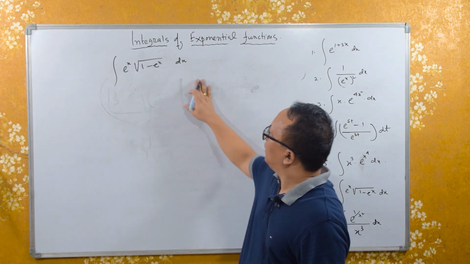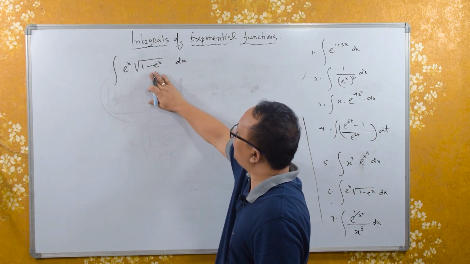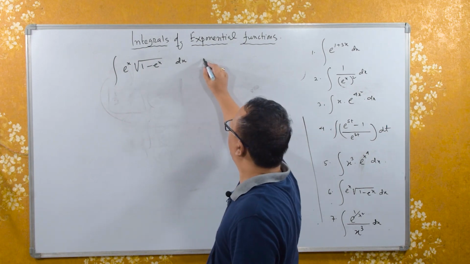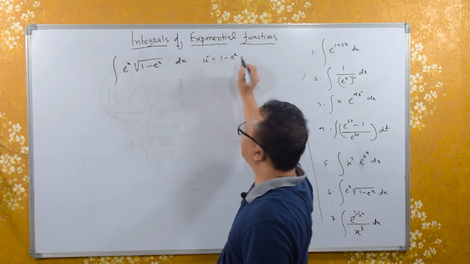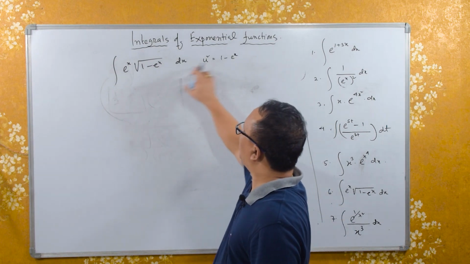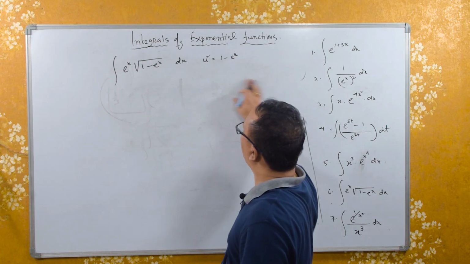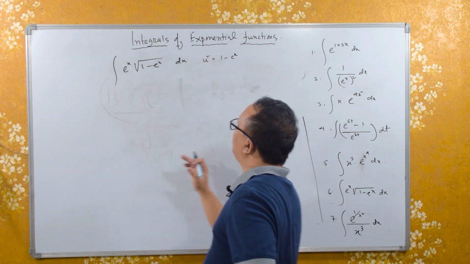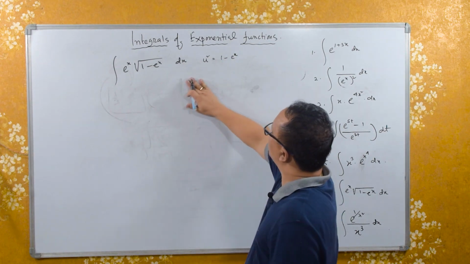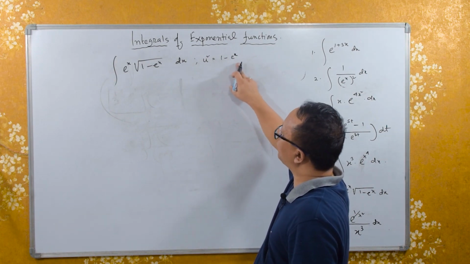Inside the square root, if I put u square equals 1 minus e raised to x, then the square root and square get cancelled. Or you can say just put u, which gives u raised to half. So I'll put u square equals 1 minus e raised to x.